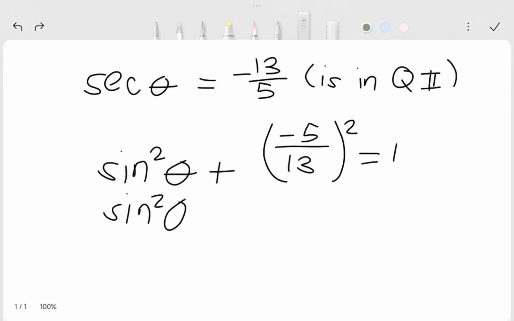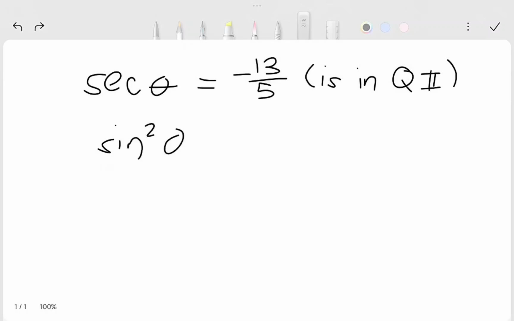So the square of negative 5 is 25 and of 13 is 169, and it is equal to 1. So let's transpose the 25 over 169 to the right side of the 1.